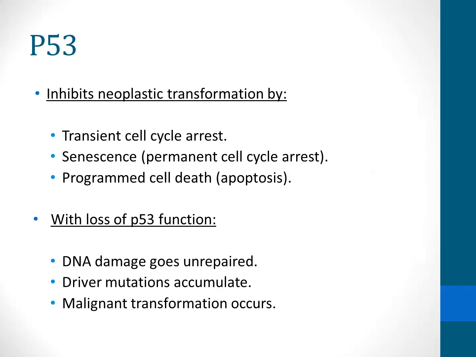The role of P53 in inhibiting neoplastic transformation is by inhibiting the cell cycle transiently or permanently, or by allowing the cells to undergo apoptosis. When P53 is lost, cells cannot repair the damaged DNA, driver mutations start to accumulate, and finally carcinogenesis occurs.